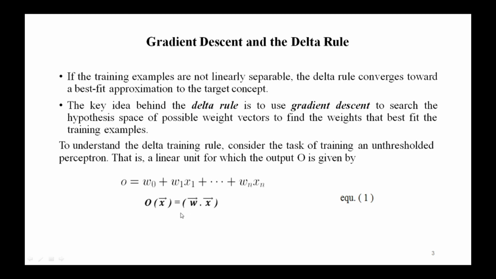The vector representation of this output is O of x vector equals w vector dot x vector. The arrow mark indicates vector representation. W represents the weights and x is the input.